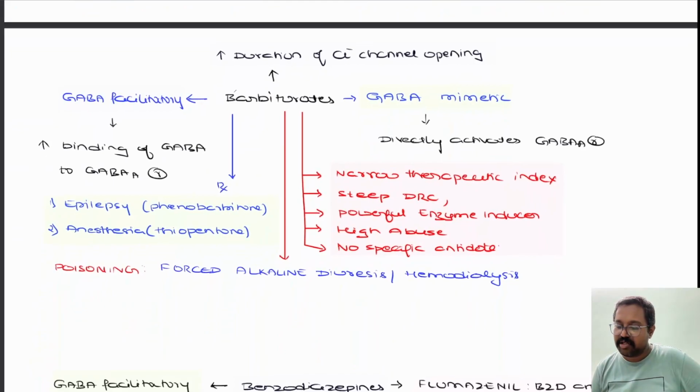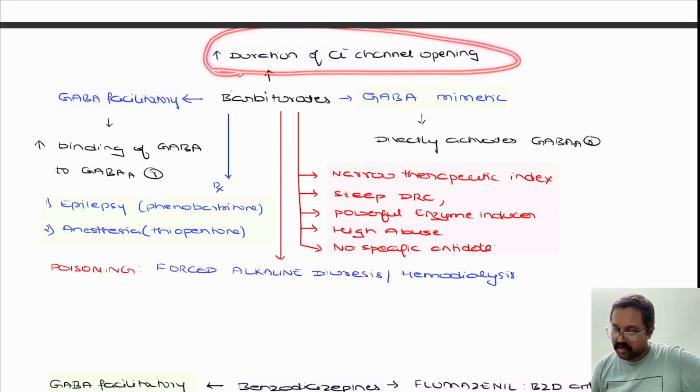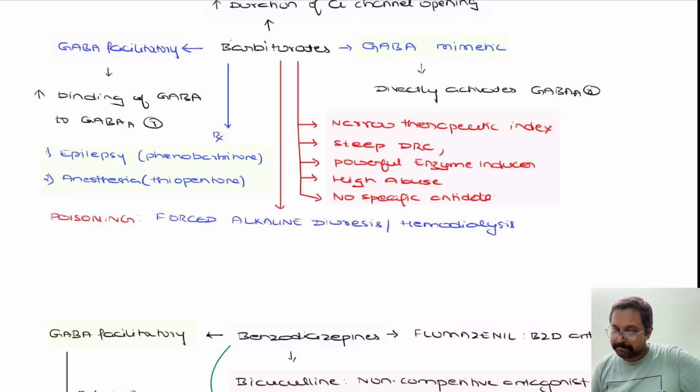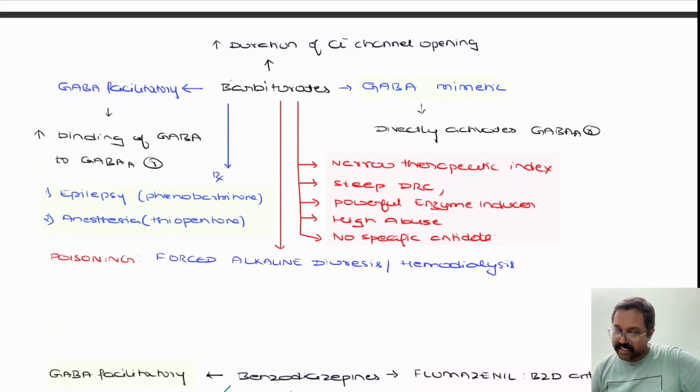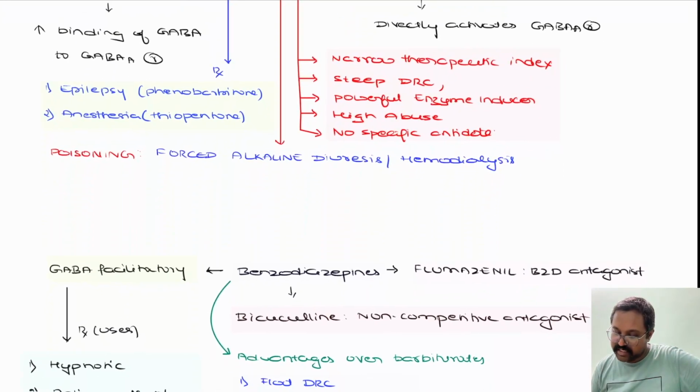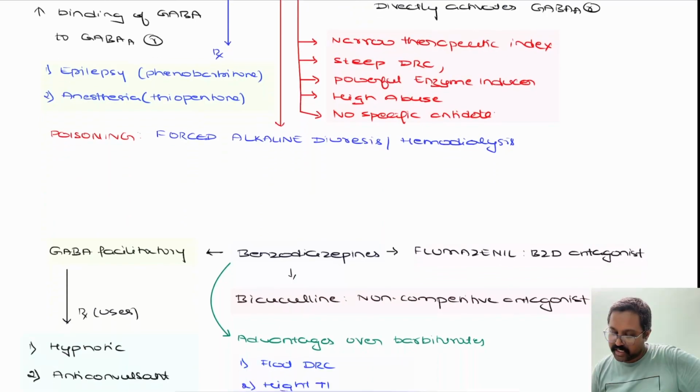Next, we have the barbiturates and benzodiazepine differences. What are the important things you should remember under the barbiturates? Barbiturates increase the duration of the chloride channel opening, whereas benzodiazepines increase the frequency of opening of the chloride channels.